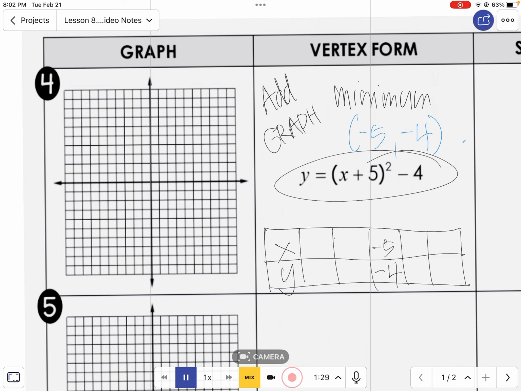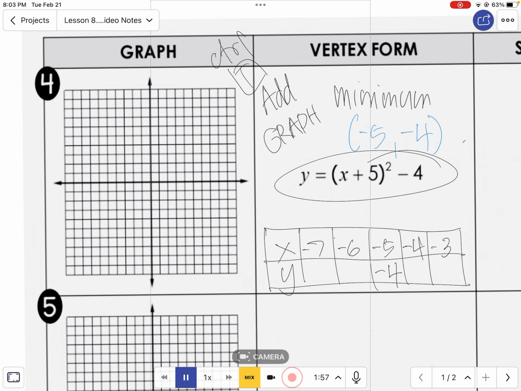From here, we're going to need 2 points above and 2 points below: -7, -6, then -4, -3. Now let's complete the table of values. Most of you can just press Control T in the calculator. Make sure that you put the (-5, -4) in the middle.